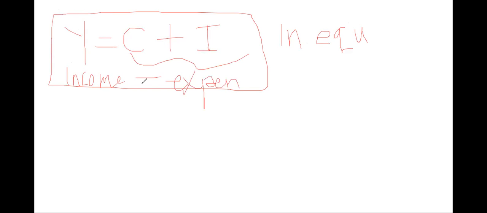So in equilibrium, in the goods market, the income, which is Y, should be equal to the total expenditure. And the total expenditure here is the consumption and the investment. Remember, there is no G here. We are assuming that there are no government activities in this economy for this model.